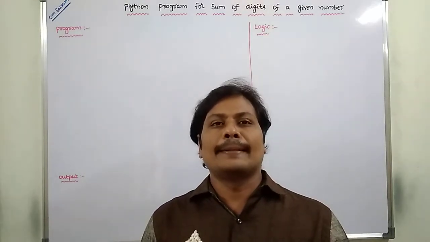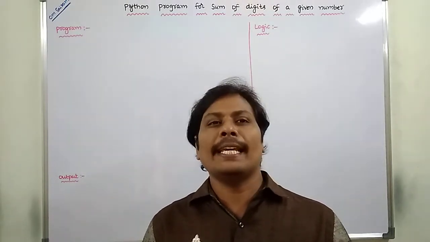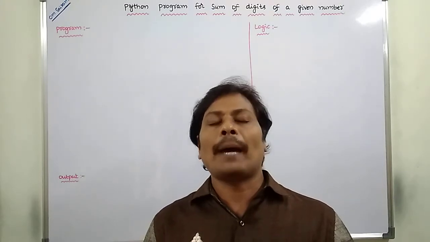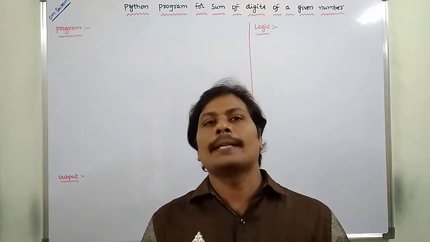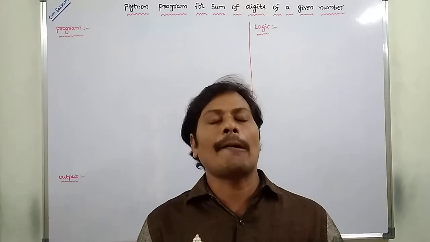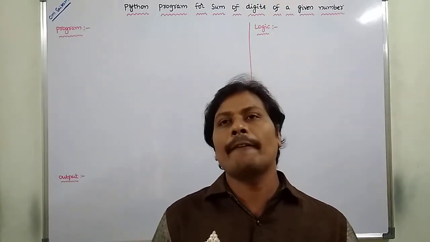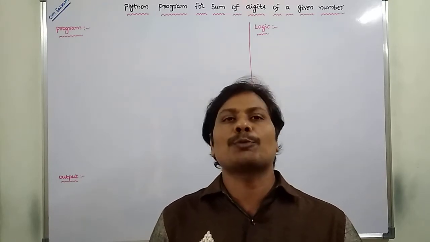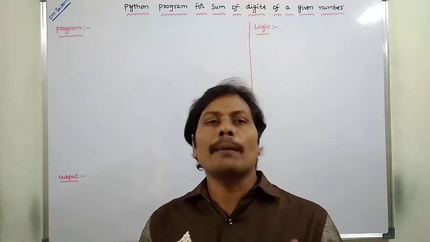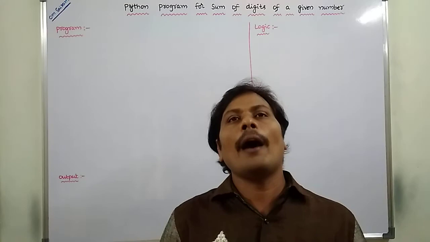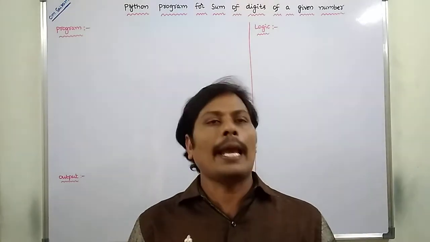Hi friends, today I am giving a lecture on Python program for sum of digits of a given number. Suppose we are given a number that is 123. That number can be assigned to the variable n.